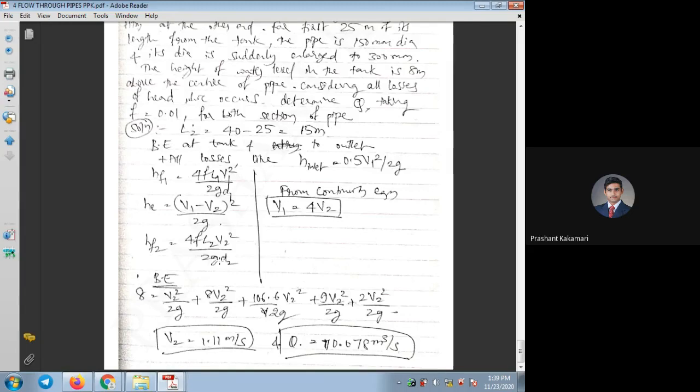So once you substitute that value, I will get the HF1 value. So once these HF1, HF2 values are known, you can add them into the Bernoulli equation and substitute to get the velocity.